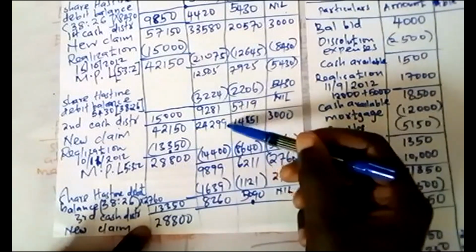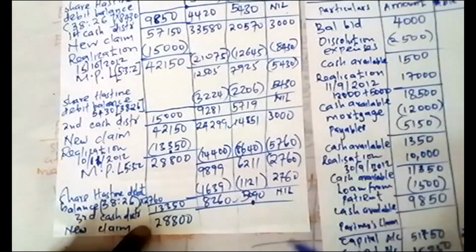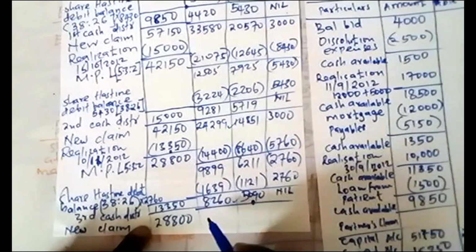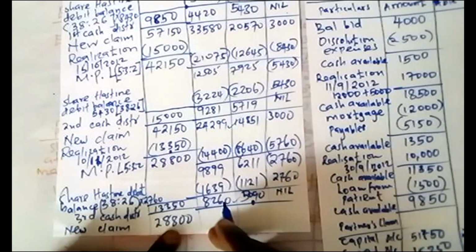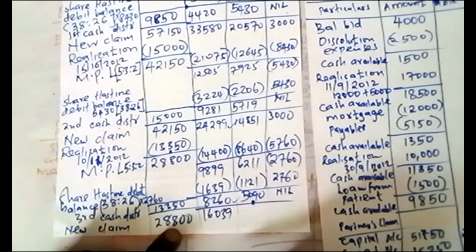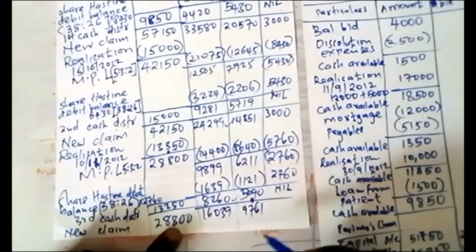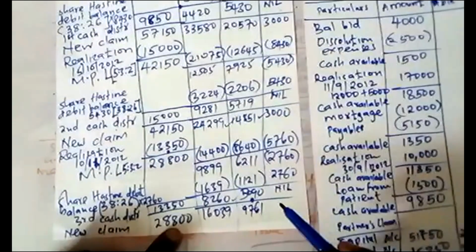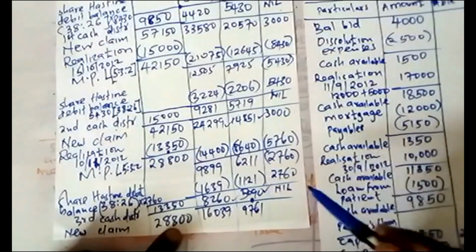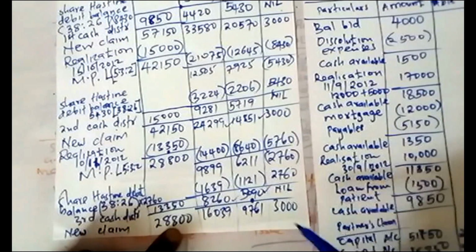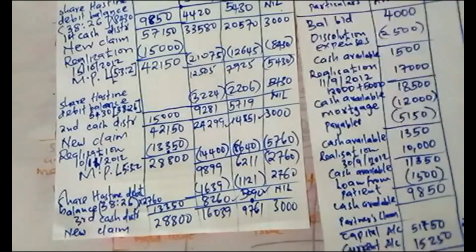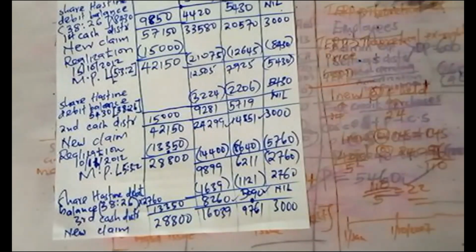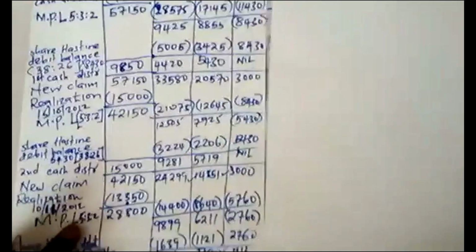Then you take the new claim minus what Able has received: 24,299 minus 8,260, which is 16,039. Patient would be 14,851 minus 5,090, which is 9,761. This one will remain to be 3,000.